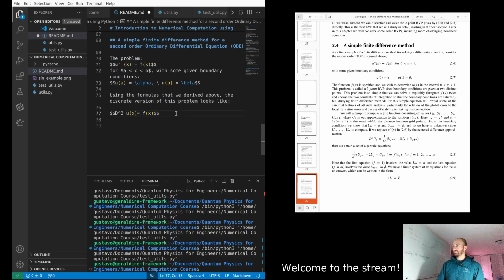Notice that we need a step size h in order to discretize. This is basically the basis of discrete: instead of having a continuous set of points, we're going to have points separated by h.